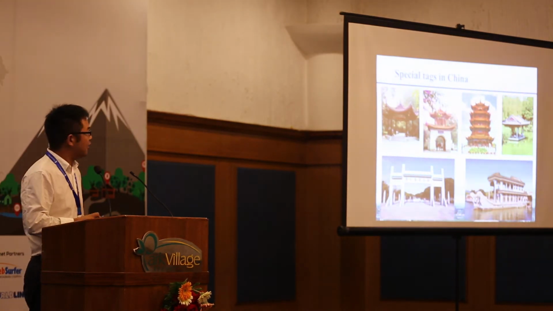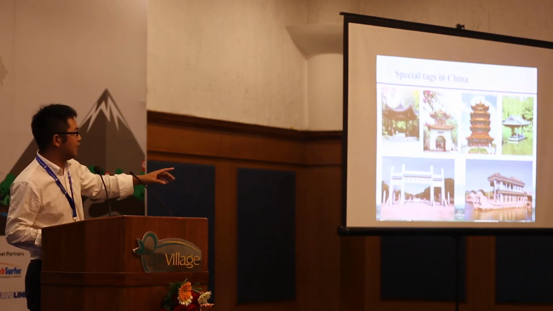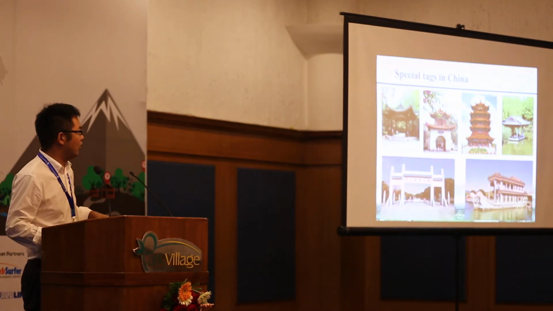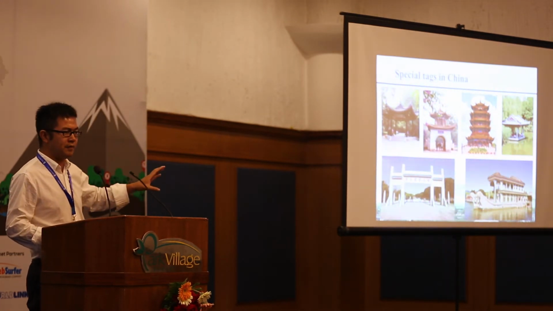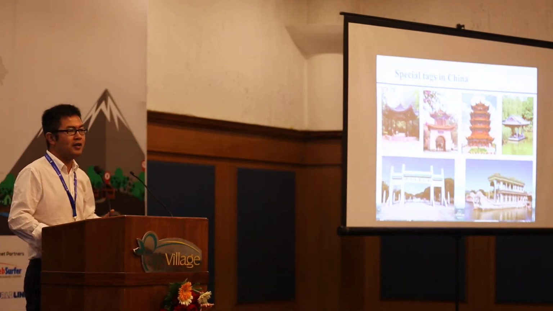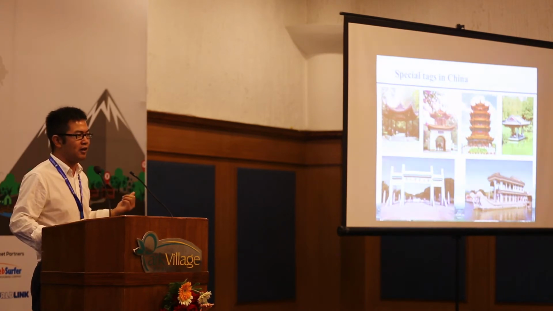Also, you see here some special buildings, the historic sites in China. I guess on OpenStreetMap they're treated as buildings, but actually they are not buildings because they cannot fulfill the functionality of buildings. People cannot live there.